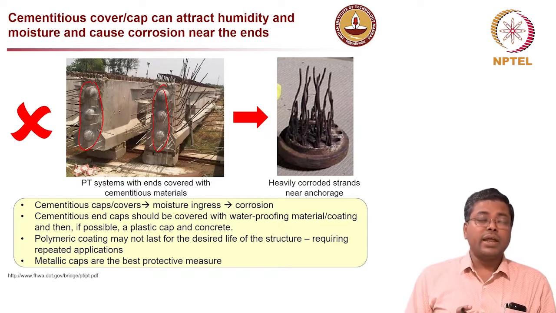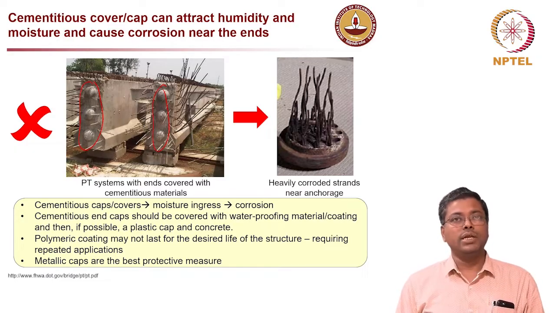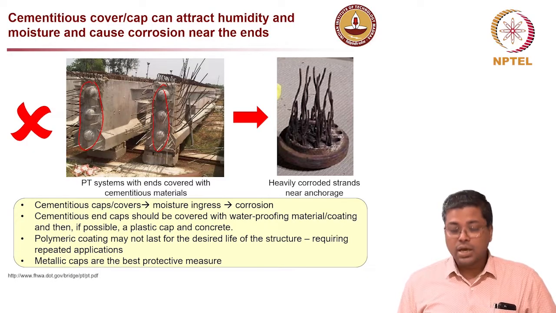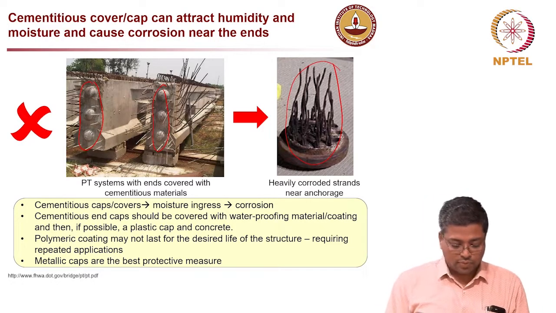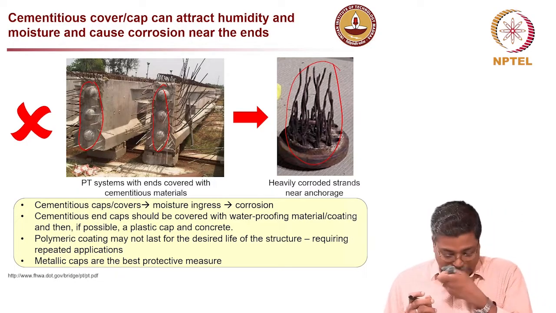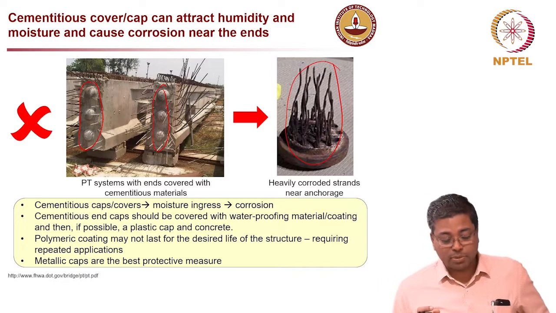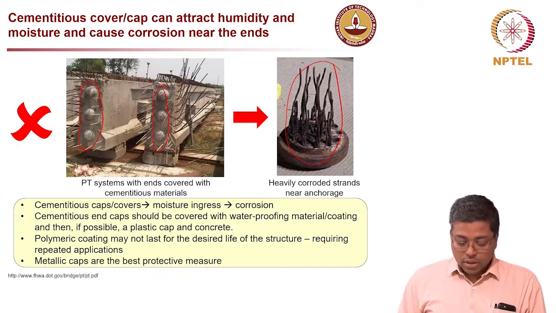And if that anchorage region has sufficient moisture, definitely it is going to lead to corrosion of the strands at the near-anchorage zones, and you might see strands corroding like this in a very short period of time, which is not really a good thing to happen, especially when these types of structures are supposed to last for 100 years or more.